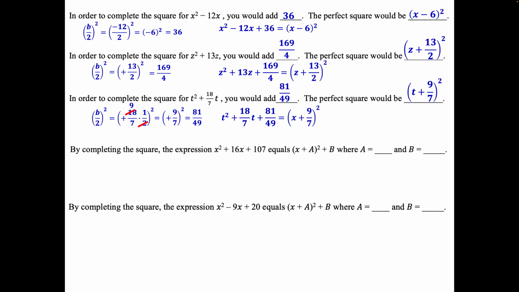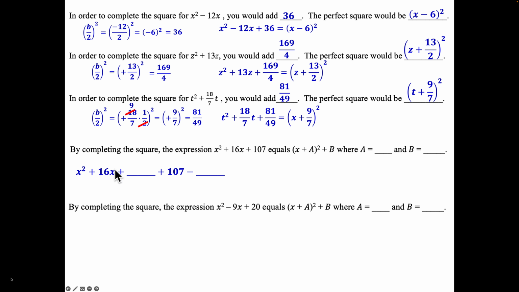All right, another form of the question they will have is they're going to say, okay, we want you to complete the square of this trinomial. We want you to put it in this format, x plus capital A squared plus b, and this is just their way of grading this really quickly by just putting in these two numbers, not typing in the whole completed square. They're just trying to save themselves some time. So here we go. 107, there's no two factors of 107 that add up to 16.